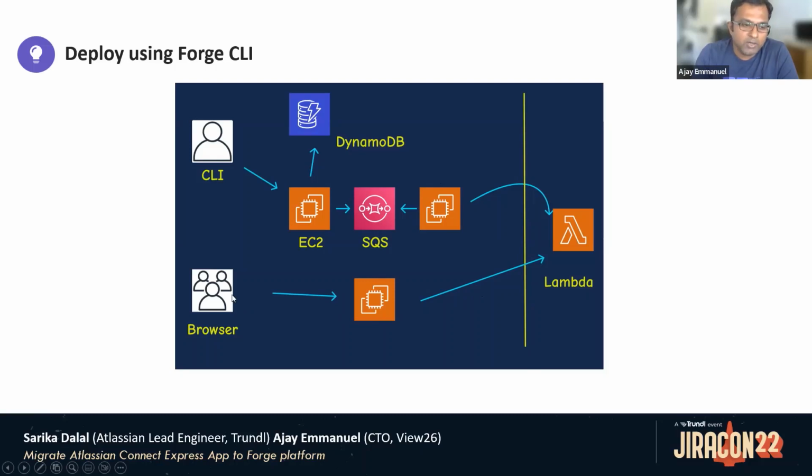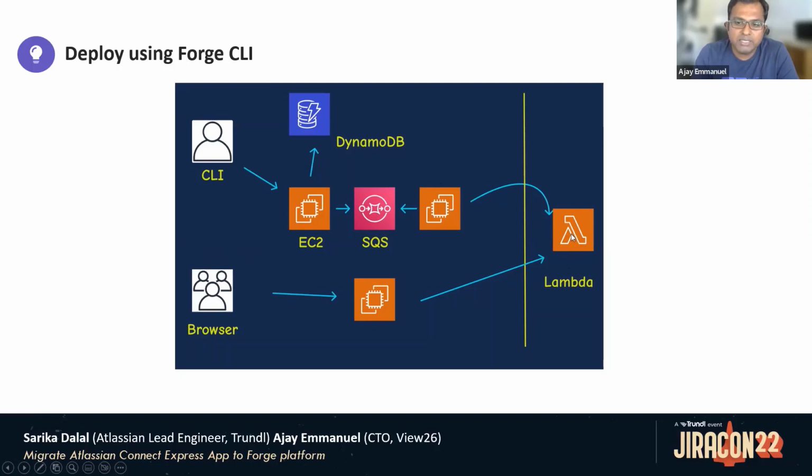Now, looking from an invocation aspect, whenever there are browser events or the user clicks on certain UI aspects of the app, it in turn invokes the Forge services, which call the respective app's Lambda function.